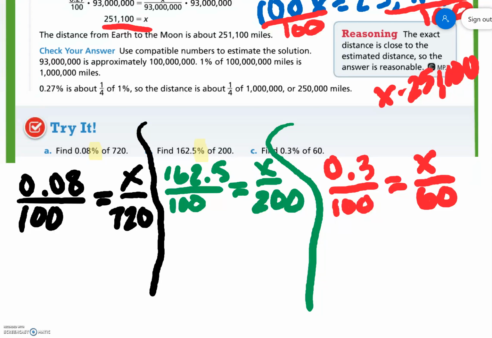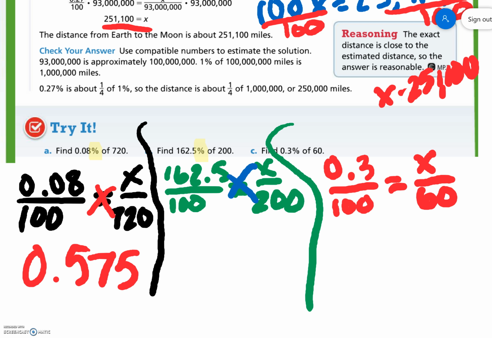All right, check your answers. For the first one, you should get, let me see, okay, so we cross multiply. So we do 0.08 times 720 divided by 100, which is 0.576.